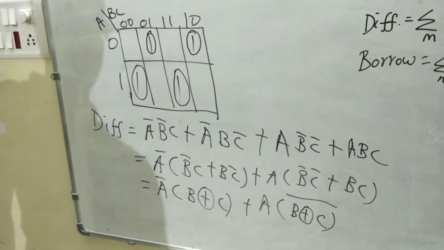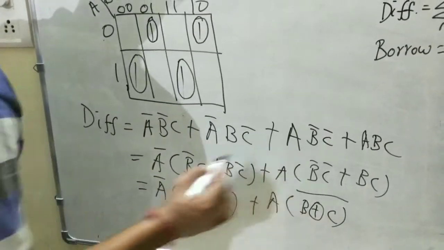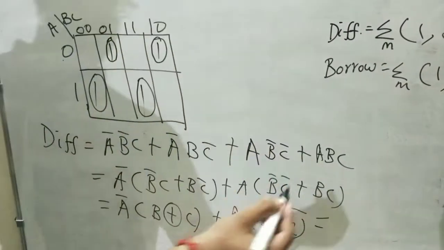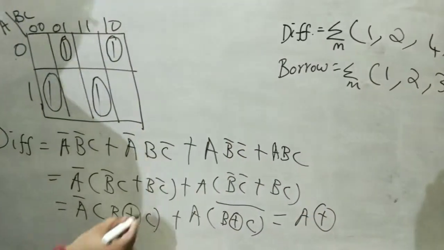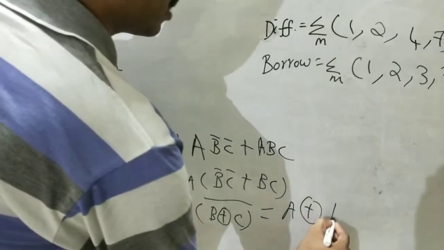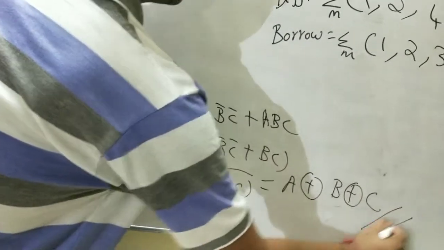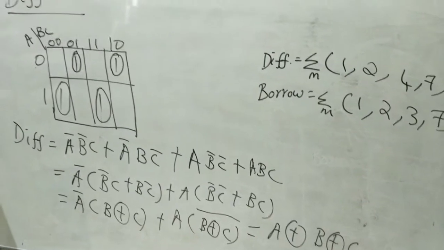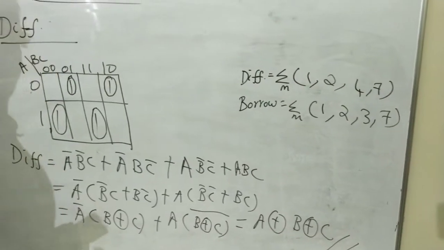Okay, so once again it is in the form of A dash B plus A B dash, which is nothing but A XOR B. In place of B we have B XOR C, so we'll be getting the expression as A XOR B XOR C. This is the expression for difference. Okay, A XOR B XOR C is the expression for difference.